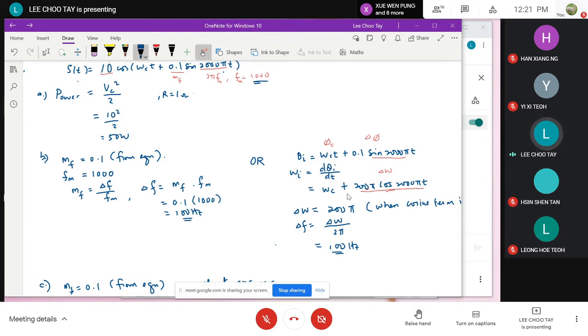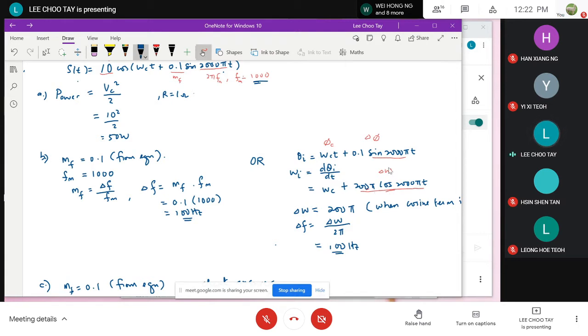So what we get here is the instantaneous frequency of the FM signal, which consists of the carrier frequency plus the change in the carrier frequency caused by the modulating signal. This is what I call delta omega. Delta omega is the change in the carrier frequency caused by the modulating signal.